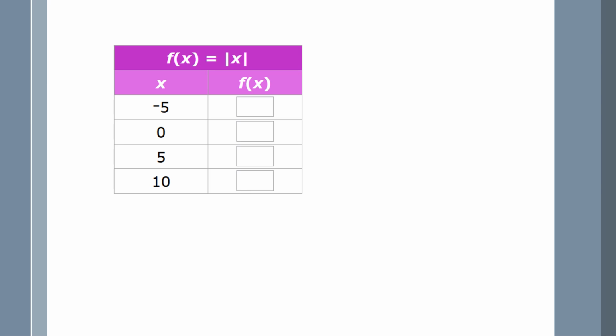So, like, for example, -5. -5, because it's on the negative side, it's just 5 points away from 0. So, guess what? It's going to just be 5.